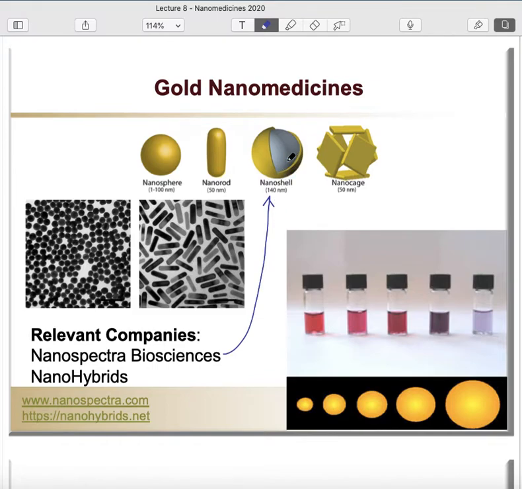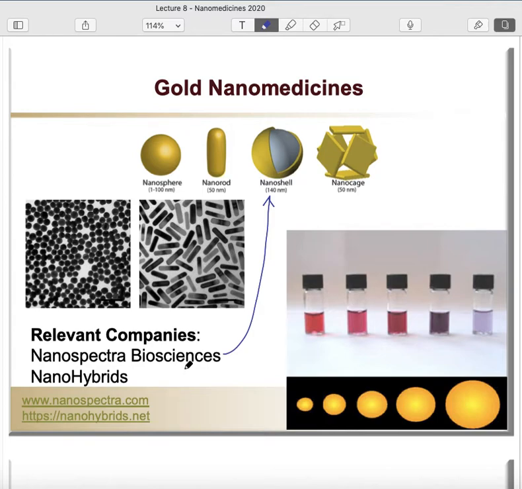In photothermal therapy, the particle would be irradiated with a laser, generate heat locally, and ideally be able to kill the cancer cells by hyperthermia, where you would be denaturing some of the proteins in the cells and inducing sufficient stress to kill the cancer cells.